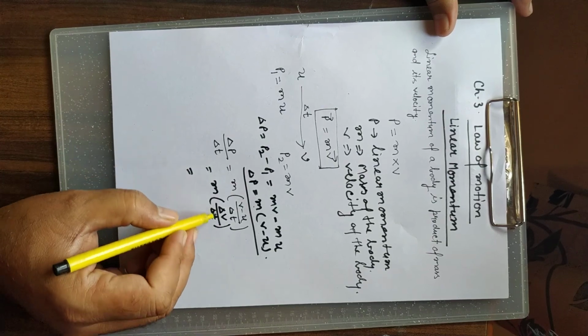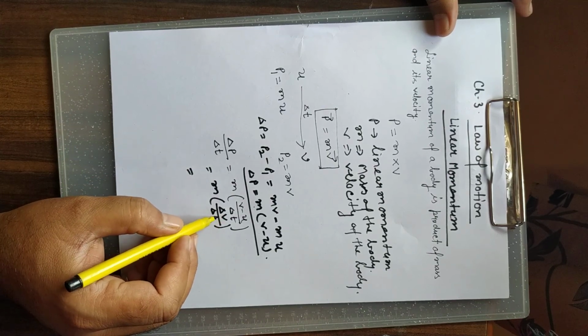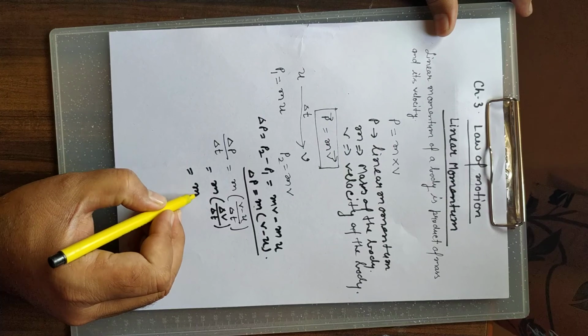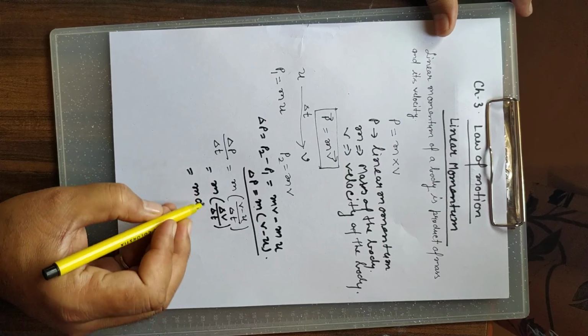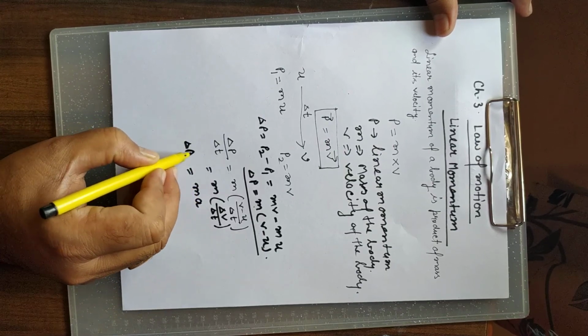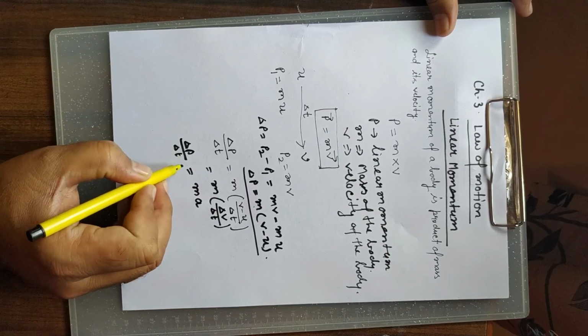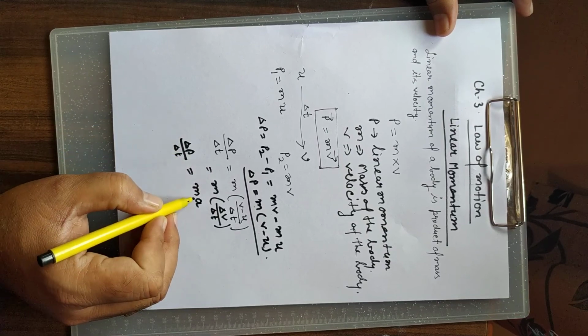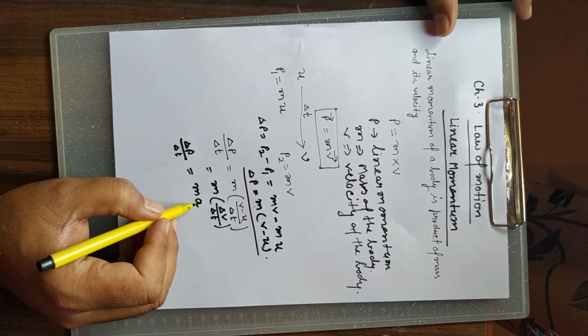Everyone knows the rate of change of velocity is known as acceleration, so it is m into a. So delta p upon delta t, the rate of change in linear momentum, is equal to the product of mass and acceleration.